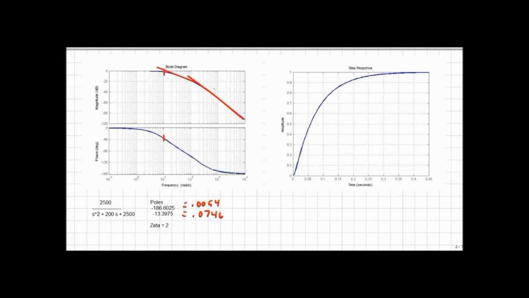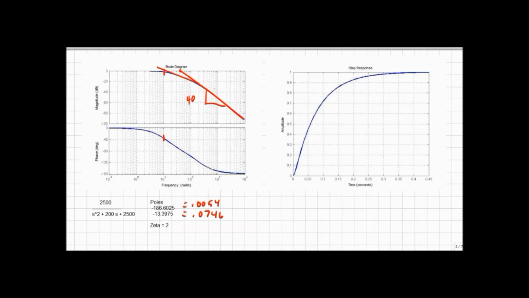Well, let me extend this up to, if we'd made the mistake of assuming that this was a first order system and just tried to do a straight line and come up here, well, first our slope here is 40 dB per decade, not 20, so that should have been a clue.